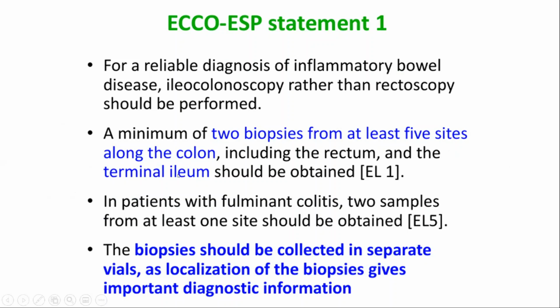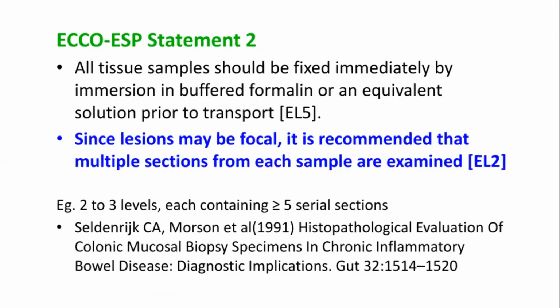It is best that the biopsies collected are put in different containers with different labels, so it will be more representative and give a better interpretation. And another statement here is that it should be immediately fixed.